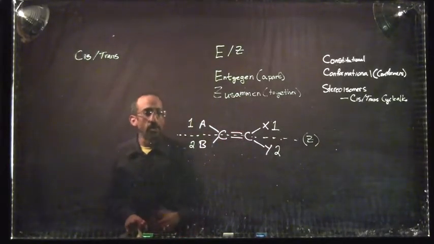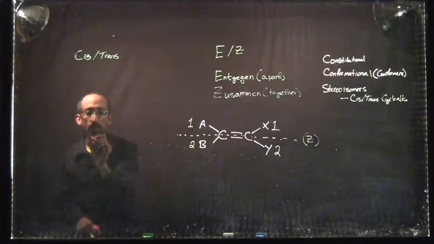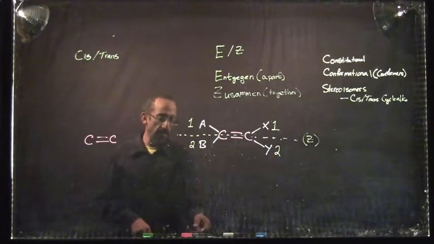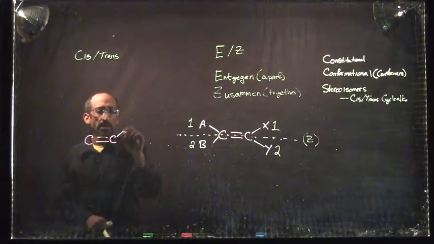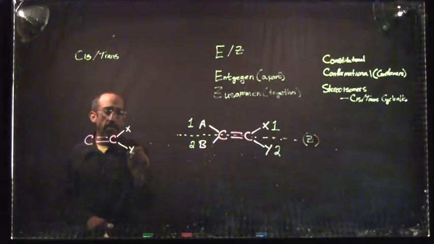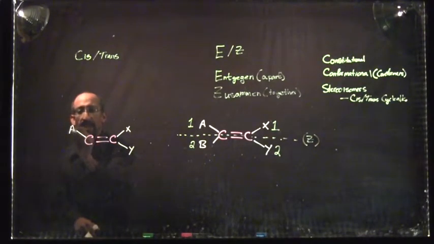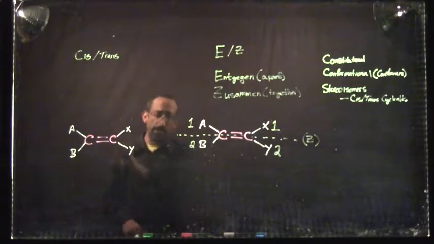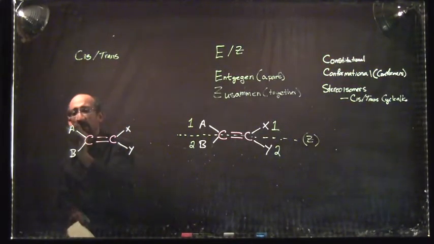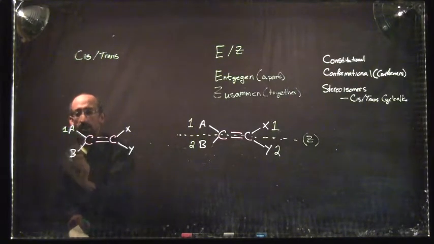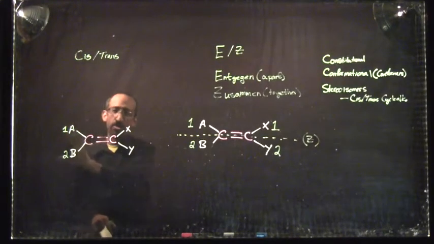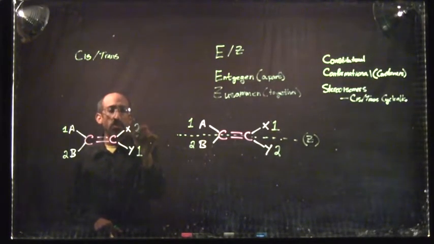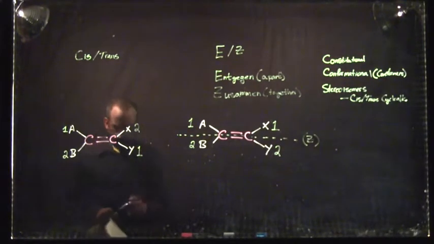And if I were to recreate this scenario, but switching priorities on one of those carbons, so there's my alkene, there's my X and my Y, and here now my A and B. However, this time for our other fictional alkene, we have group A with priority 1, group B with priority 2 on this carbon, and then we'll have group Y with priority 1 and group X with priority 2 on the other carbon.